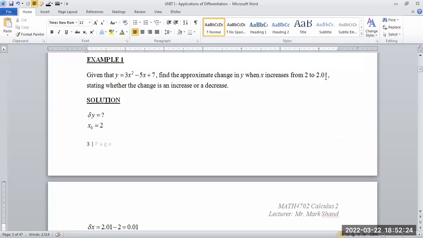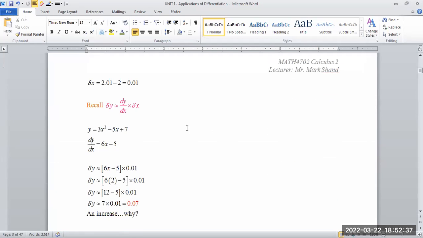Squiggly x is telling me that this is going to be the difference: 2.01 minus 2, which is 0.01. My x0 is going to be my initial value, which is 2. Now, squiggly y is going to be approximately equal to the differential of the function times squiggly x, the change in the x value. 6x minus 5 times 0.01.